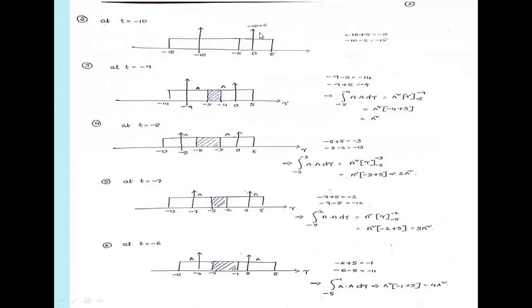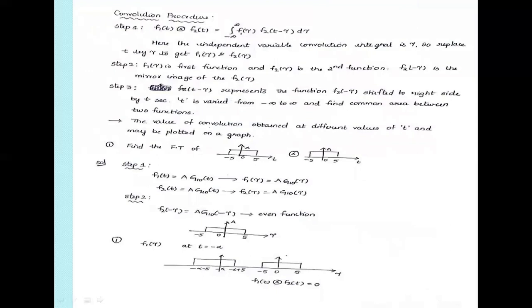See, there is no change in f2 of t. Not f2, I think it is f1 of tau. Only the change occurs in f2 of t minus tau. One you can keep, because both are the same, from minus 5 to 5.